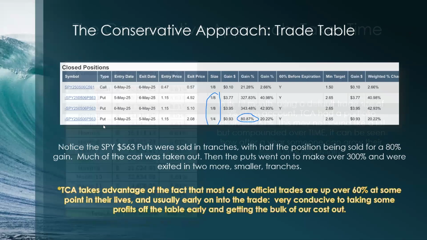There it is. SPY was puts. So yeah, SPY May 6th puts. It closed 5th to 6th. So again, this was a 1-day trade. So we put them on the 5th and we closed them out on the 6th. And we closed some of them out on the same day because we moved down quickly on this. So those are some of the recent trades that we're in.